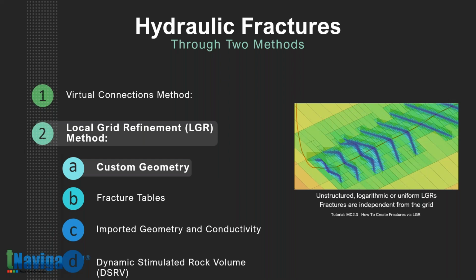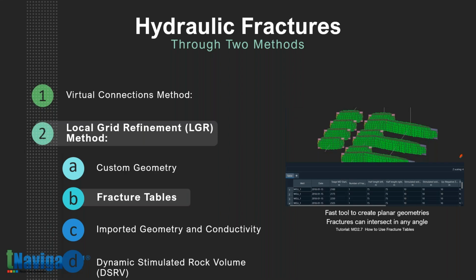And we have unstructured LGRs in order to handle those complex geometries. But we also have the classic logarithmic and uniform LGRs available. This method is described as well in one of our tutorials, which you can ask your support person locally for more information about.